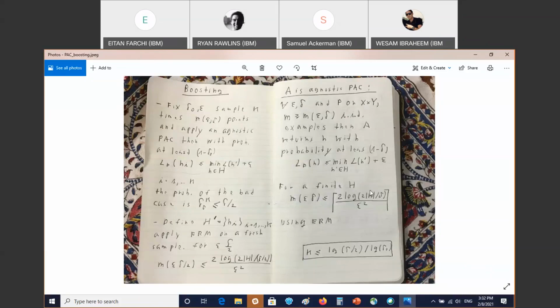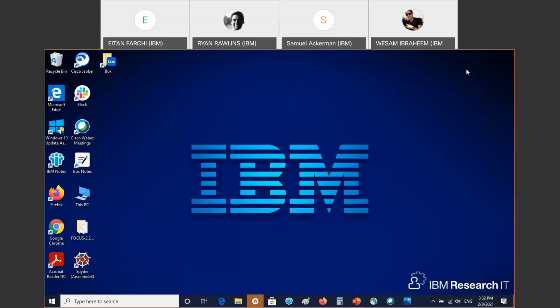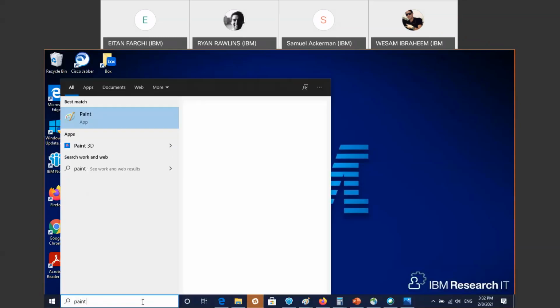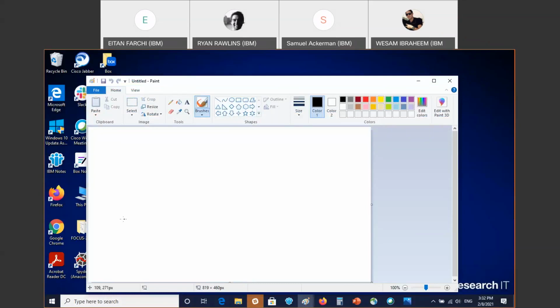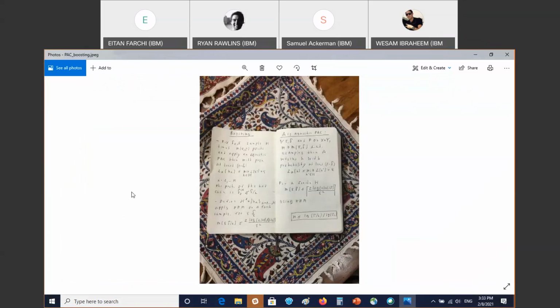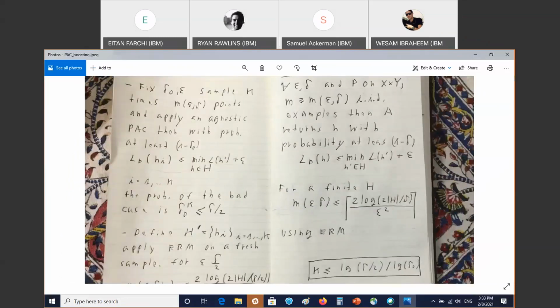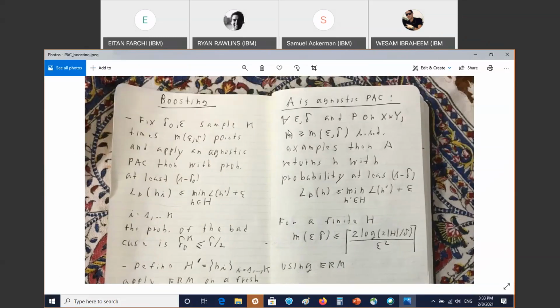Let me take another example so that we better understand the PAC learning concept. If we look at the PAC learning concept here, the definition says that for any epsilon and delta, epsilon being how much we're going to make a mistake when we deploy the model.